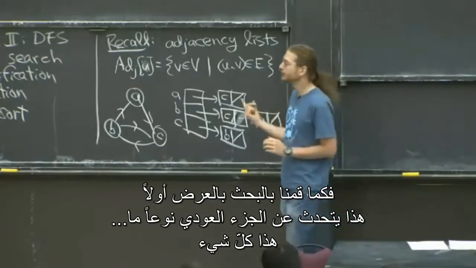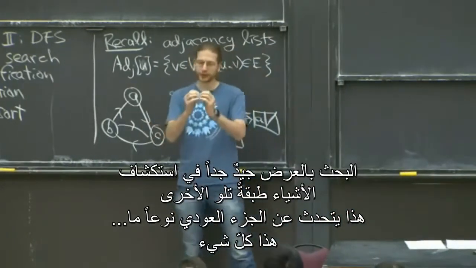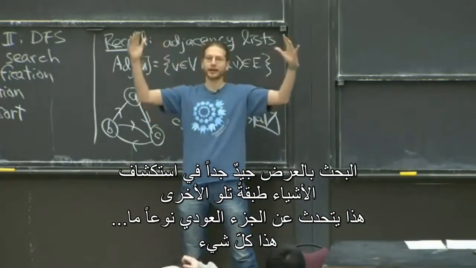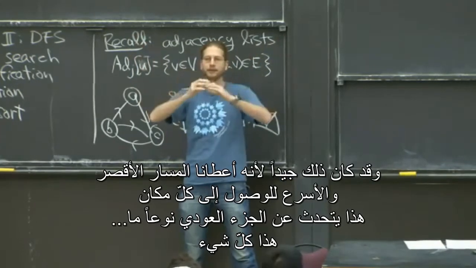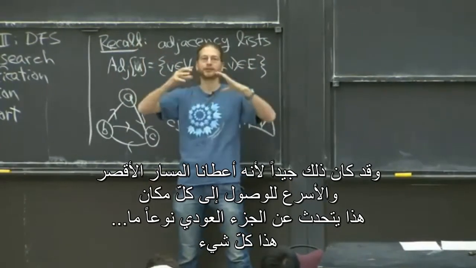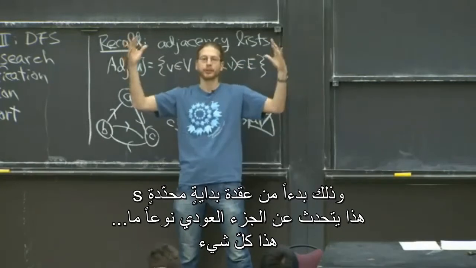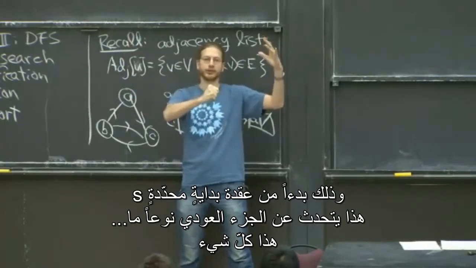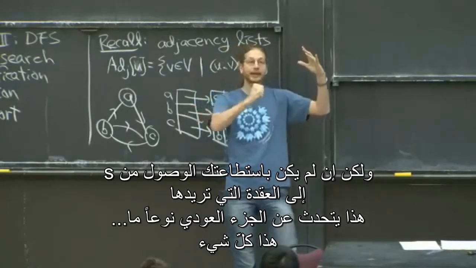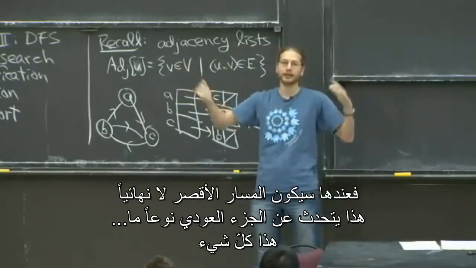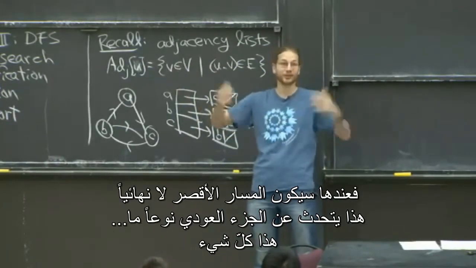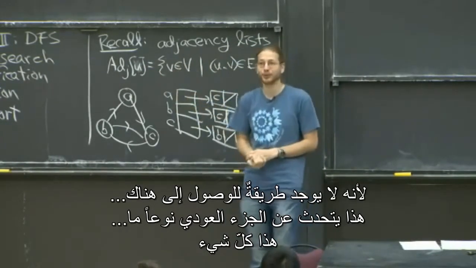So the way we did breadth first search was really good. It explored things layer by layer. And that was nice because it gave us shortest paths. It gave us the fastest way to get to everywhere from a particular source vertex S. But if you can't get from S to your vertex, then the shortest way to get there is infinity. There's no way to get there.